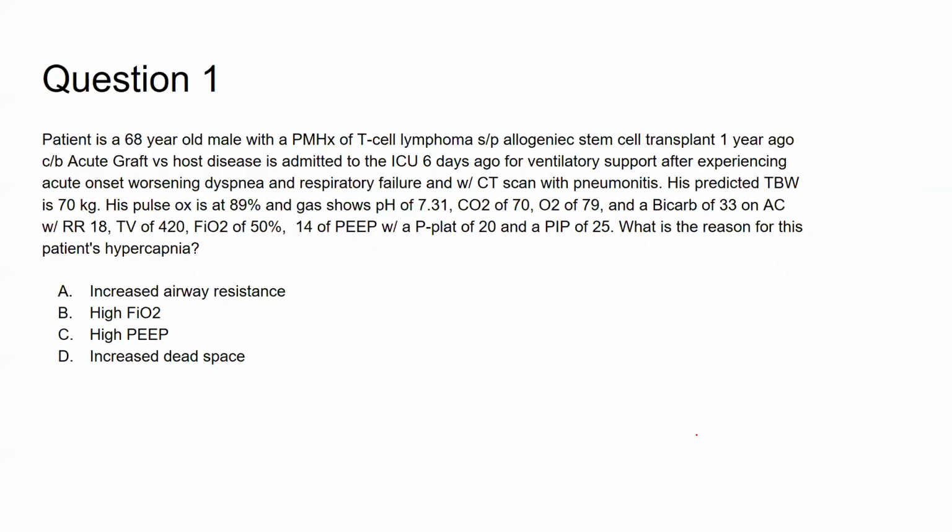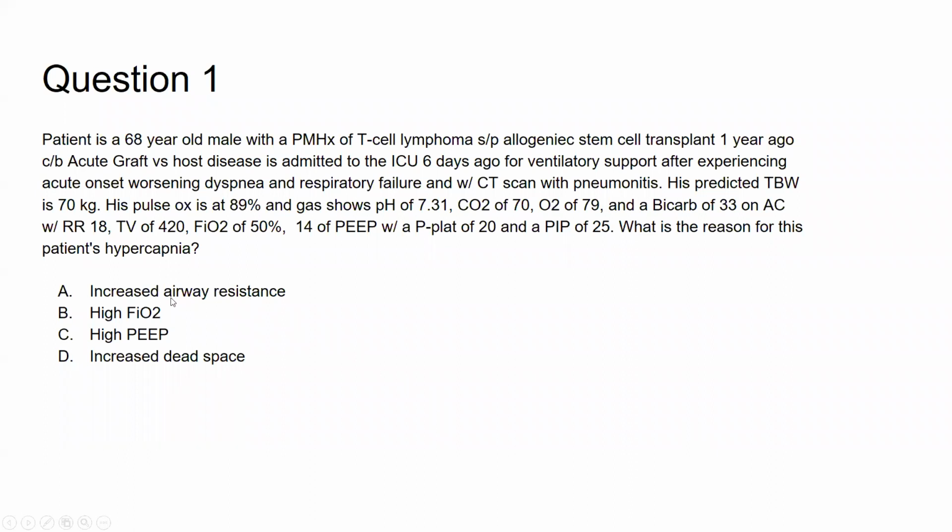Gas shows a pH of 7.31, a CO2 of 70, an O2 of 79, and a bicarb of 33. On AC ventilation, respiratory rate of 18, tidal volume of 420, PEEP of 14 and an FiO2 of 50%, a plateau pressure of 20, and a PIP of 25. So the question here is, what is the reason for this patient's hypercapnia?